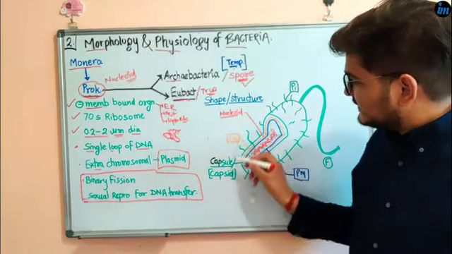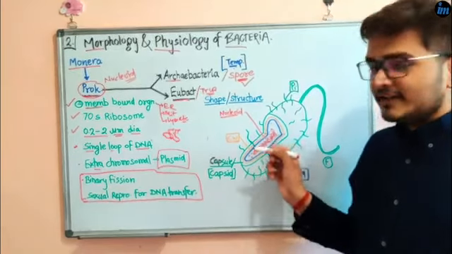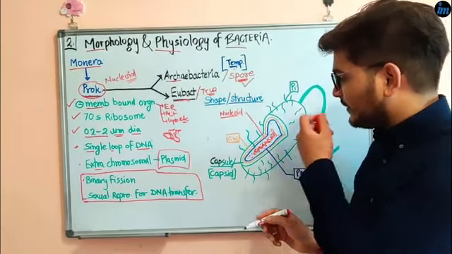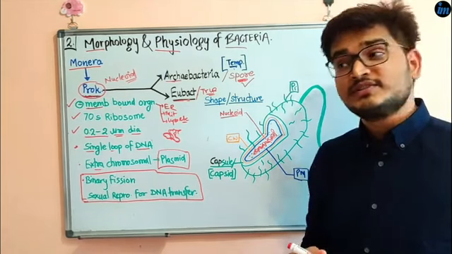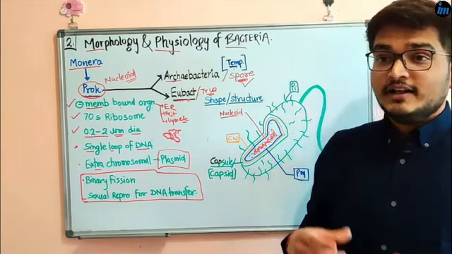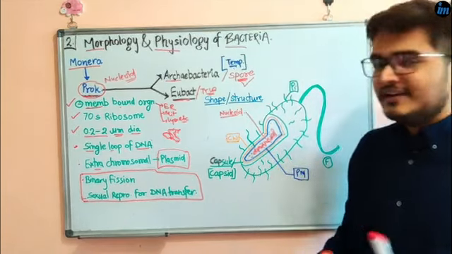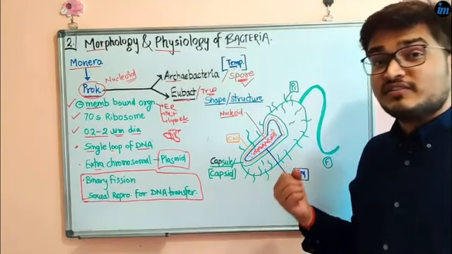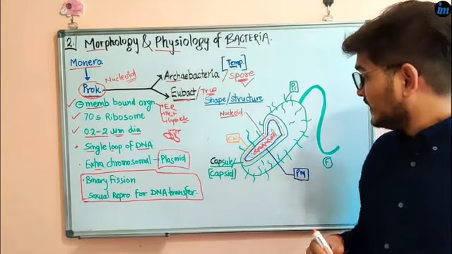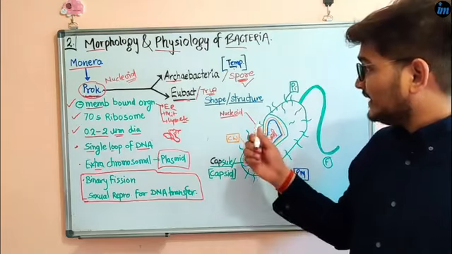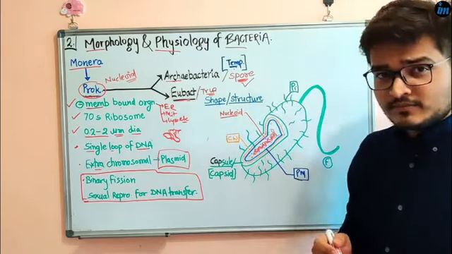When you studied these things in high school and intermediate, I kept it that simple for you. But if you go to the staining process and the laboratory process, then definitely there is going to be a much more drastic change. Okay, so here I am showing you just a rough diagram.